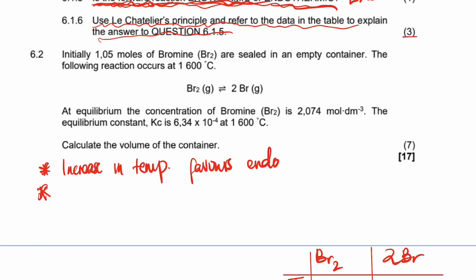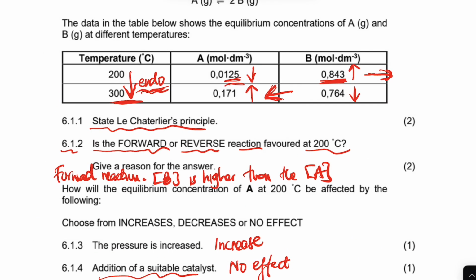And then we have 3 marks there. Another thing we can say is that the reverse reaction is favored. How do we know the reverse reaction is favored? It's because when the temperature increases, the concentration of reactants increases and the concentration of product decreases. It has increased from that value to this value, and the product has decreased from this value.